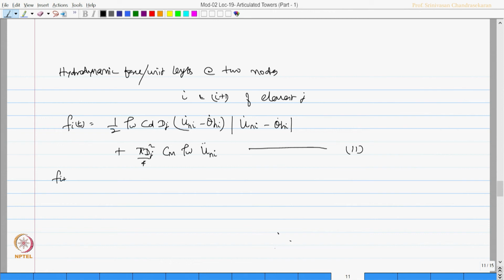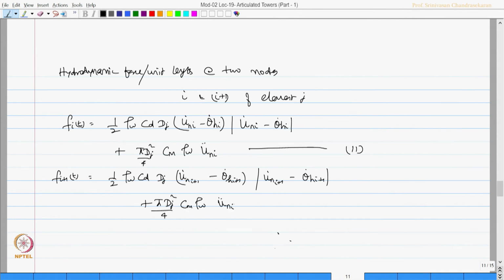Let us find out the force for the i plus 1th node of the jth element. So, half rho_w C_d d_j times absolute of (u dot n_(i+1) minus theta dot h_(i+1)) into (u dot n_(i+1) minus theta dot h_(i+1)) plus pi d_j square by 4 C_m rho_w u double dot n_(i+1).